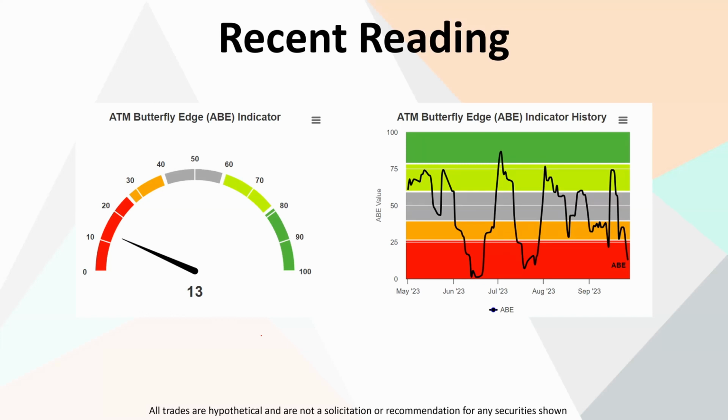Voila. Now, how to read this thing and what is it? This is how I use it. I've got other members that use this differently already, which is really cool to hear. But its original intended purpose was to tell me if I could put structures like butterflies and condors near the money on a given day.